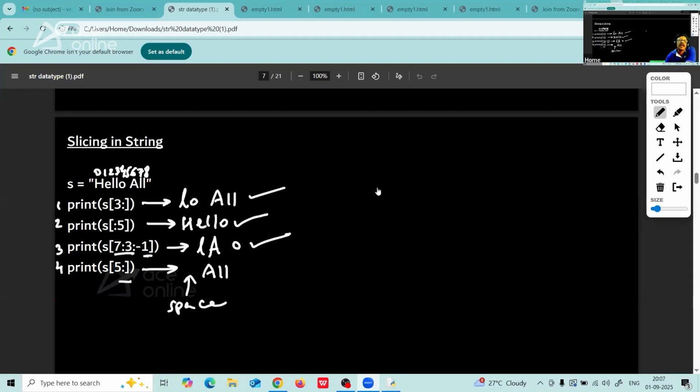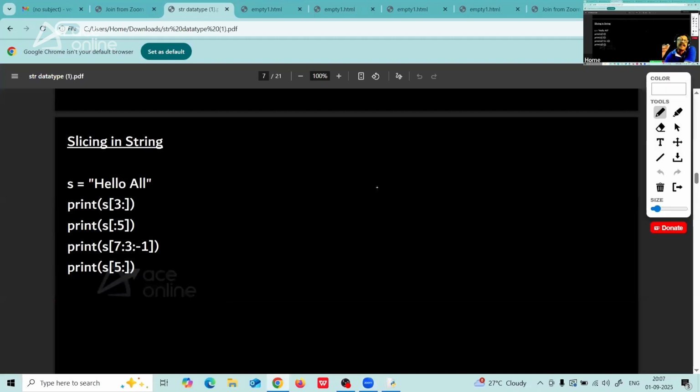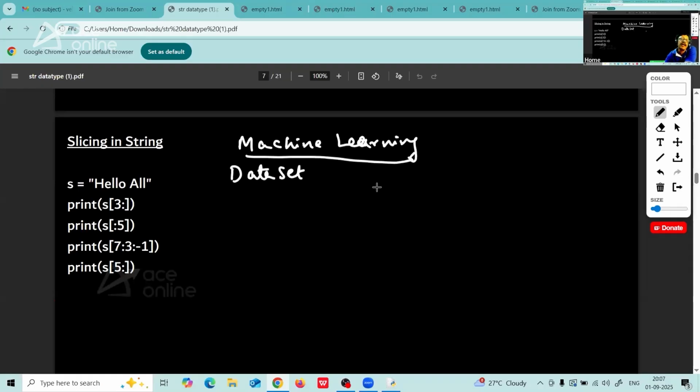Now, one small thing, I'm not giving the code for this, but where can we see something called slicing? Let's say, suppose you are writing a machine learning program, which we will write later. In a machine learning program, you are given some data set like this.